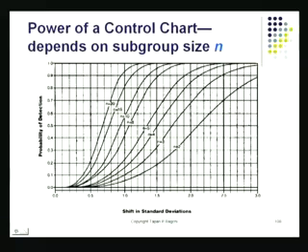For that, you need to have the consideration of power, and for that, this power curve that I show there. These basically tell us the probability of detection of a problem is going to be higher for a small change in the process when my sample size is large.